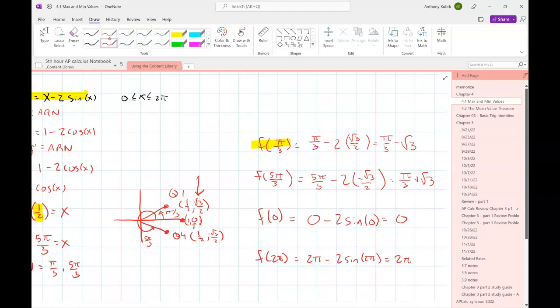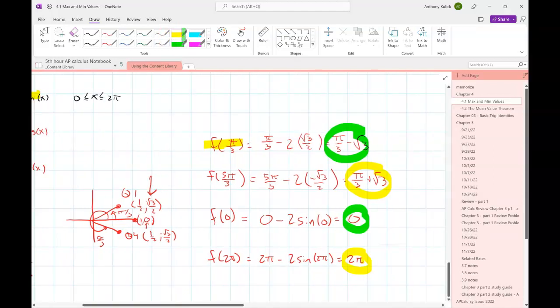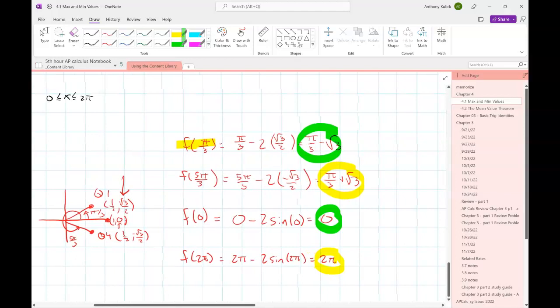Okay. So my question is, I have to see which one of these two is bigger and which one of these two is bigger. Well, let's think about it for a moment. I imagine if I didn't have a calculator here. Square root 3 is about 1.6-ish. π/3 is going to be a little bit more than 1.